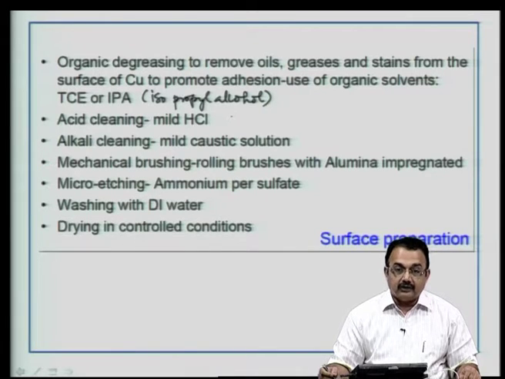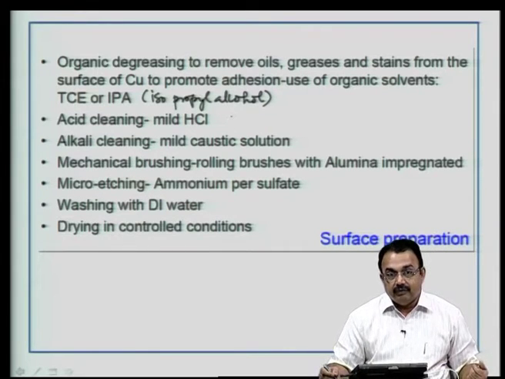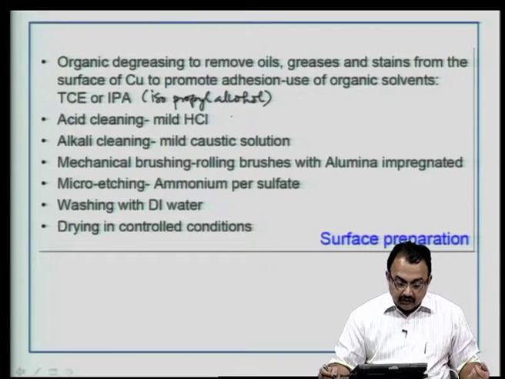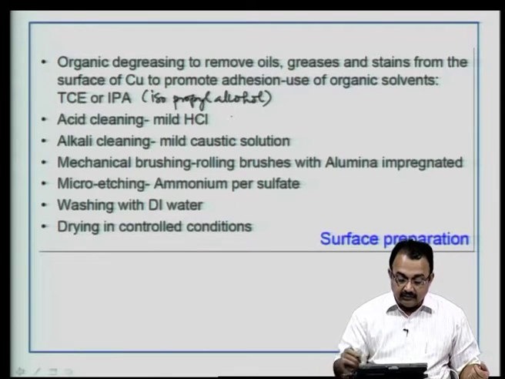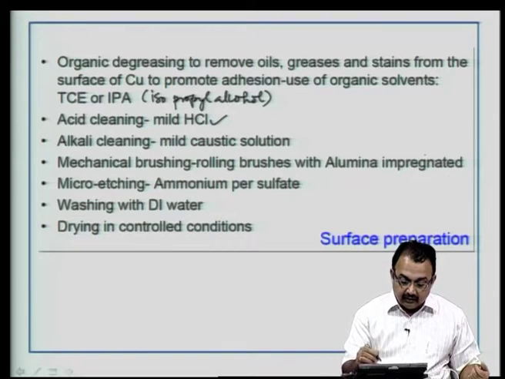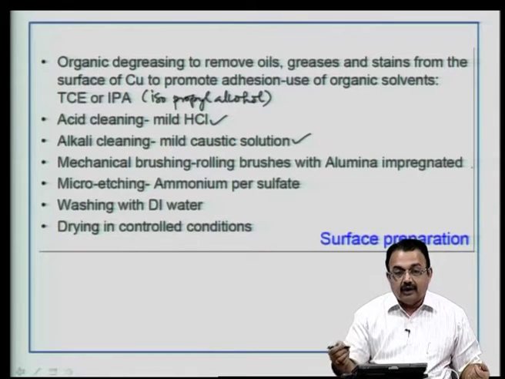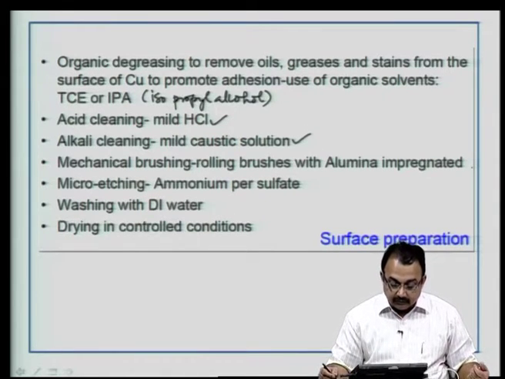Now, if you use organic solvents, all the grease is removed. You can use hand cleaning or you can use machine based cleaning. Now, you can also do acid cleaning using mild HCl, hydrochloric acid, alkali cleaning using mild caustic solution. Okay. Caustic solution is basically hydroxide based solution.